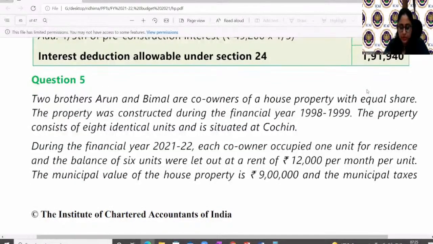Okay, before coming to the co-owners question, I'll take the co-owners concept and then we take that. Any other question?